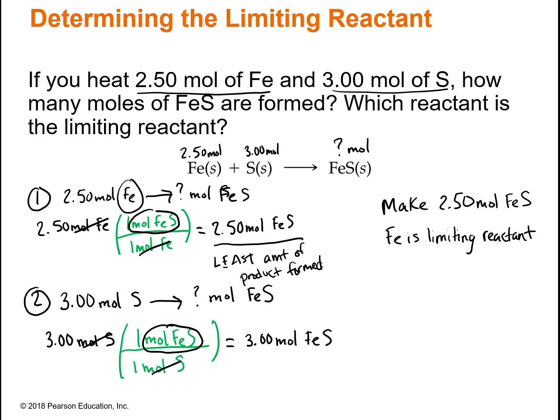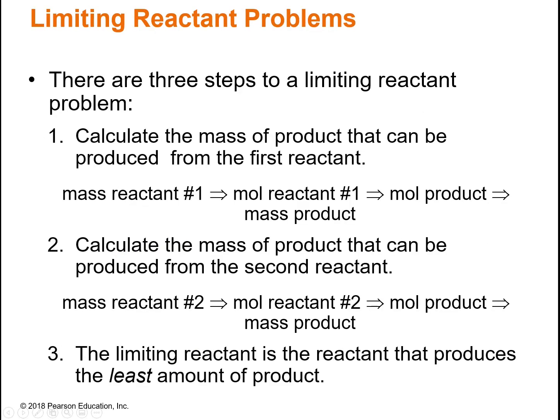We can take this concept and combine it with the different problem types that we were doing, the mass to mass, mass to volume, and volume to volume. This says in words kind of what you'll need to do. I always think that it's better to just do a sample problem. But if you're a word type of person, you want to put this in your notebook, totally cool. Go for it.